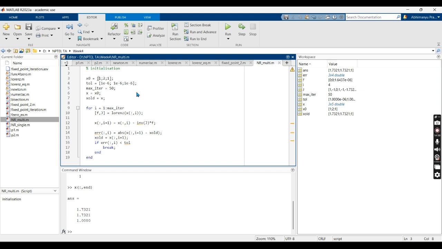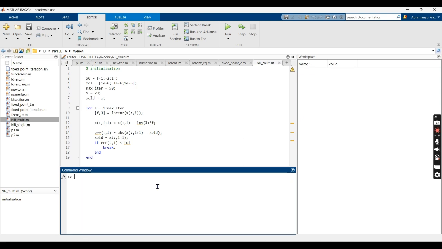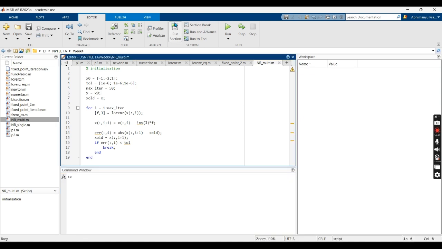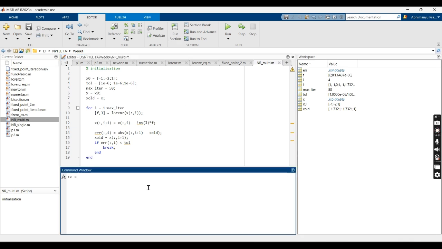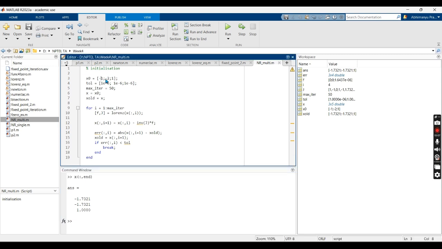Now if I change the values to minus 1, 1, and I run this again, this time I'm getting minus 1.73, minus 1.73 and 1. So minus root 3 and 1. Okay. Similarly, the 0, 0, 0 is one solution.